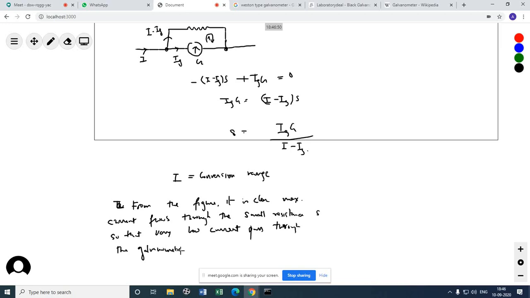The spring will get too much torque and break, and the galvanometer is gone.